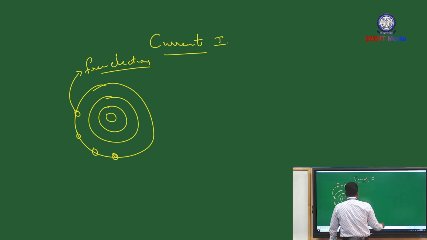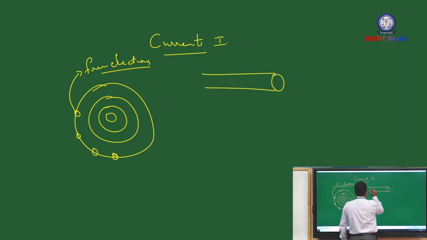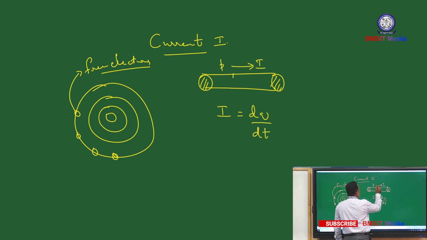So current, if you take any conductor, current is defined as the rate of flow of charge. If you take any point P, how much charge is transferred across a point in a particular interval of time?